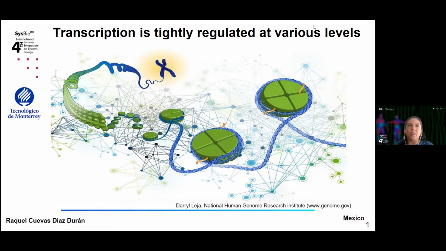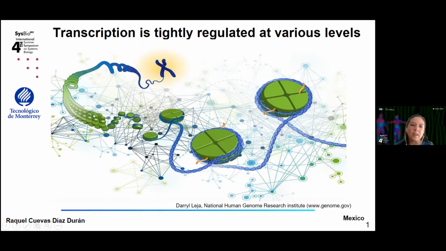In order for cells to modify the expression of their genes, there are diverse layers of regulatory mechanisms that need to take place. Here we see, for example, the architecture of the chromatin. The chromatin can be very compact or very relaxed, allowing transcription.